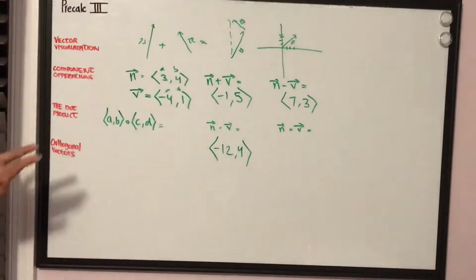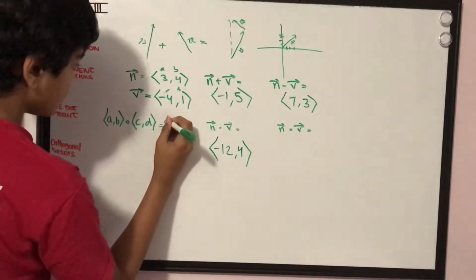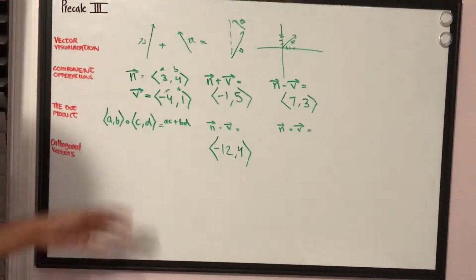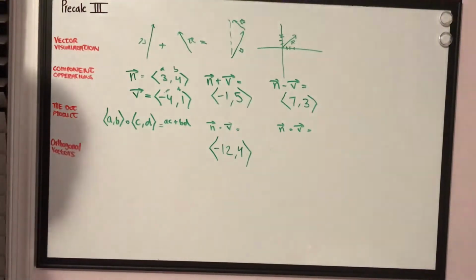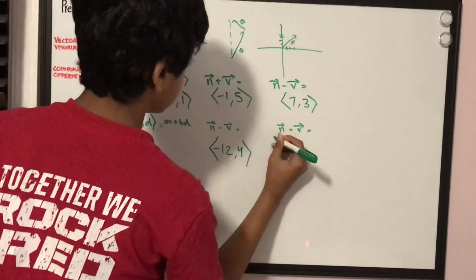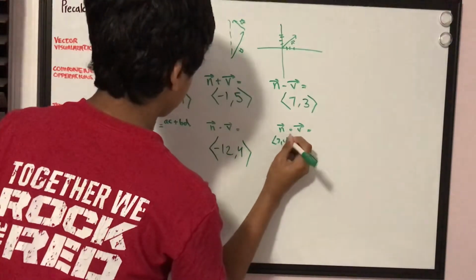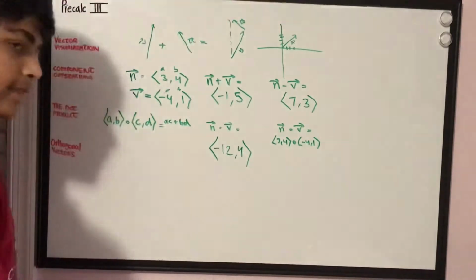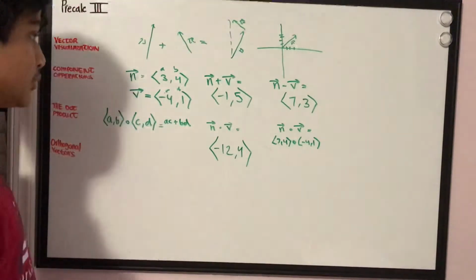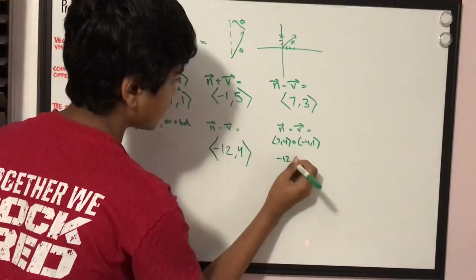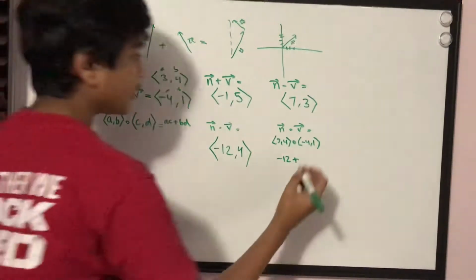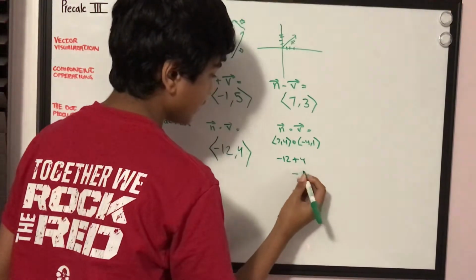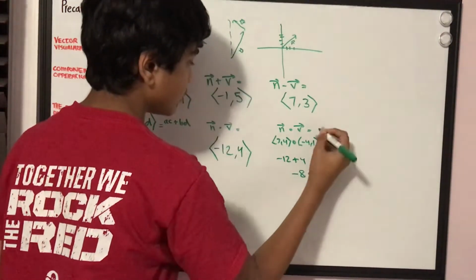The dot of these two vectors would be AC plus BD. Basically, this is the dot product. So let's express n as 3, 4, dot -4, 1. Now we take the dot product, which would be -12 plus 4, which would be -8. That is the dot product.